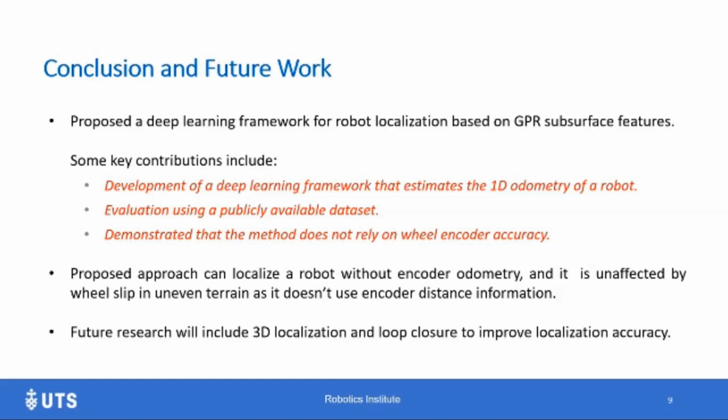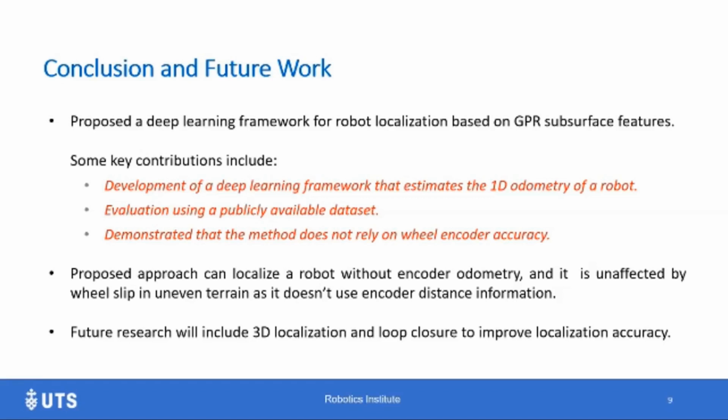The evaluation was done using a publicly available dataset, and the results demonstrated that the proposed approach could localize a robot without the need for distance information from the wheel encoders, making the results unaffected by wheel slip even in uneven terrain.